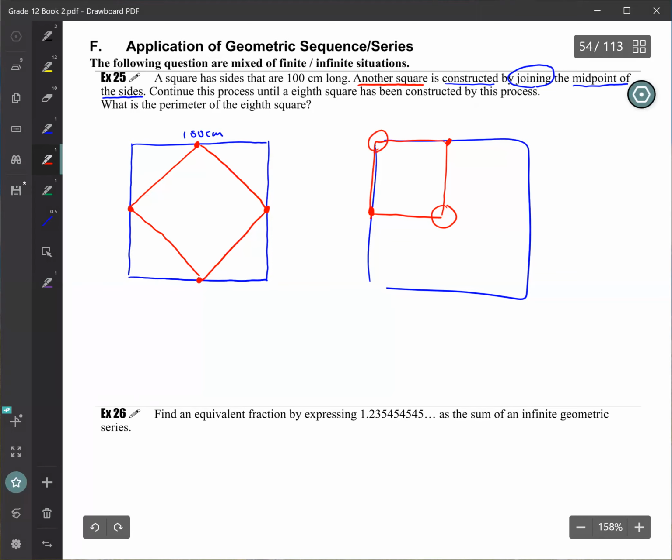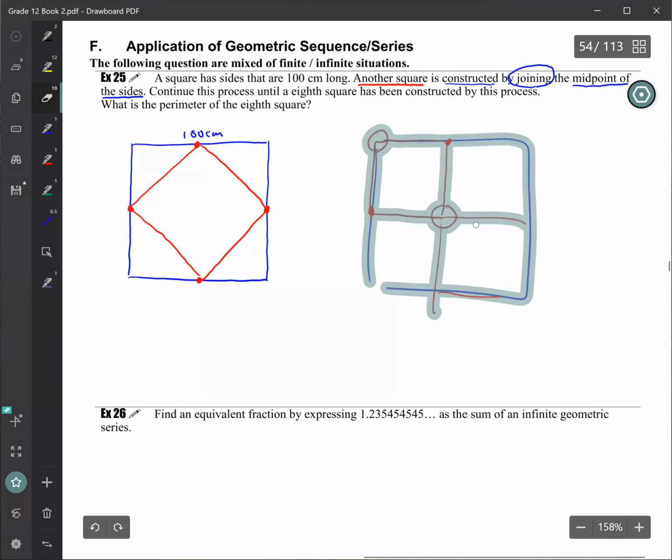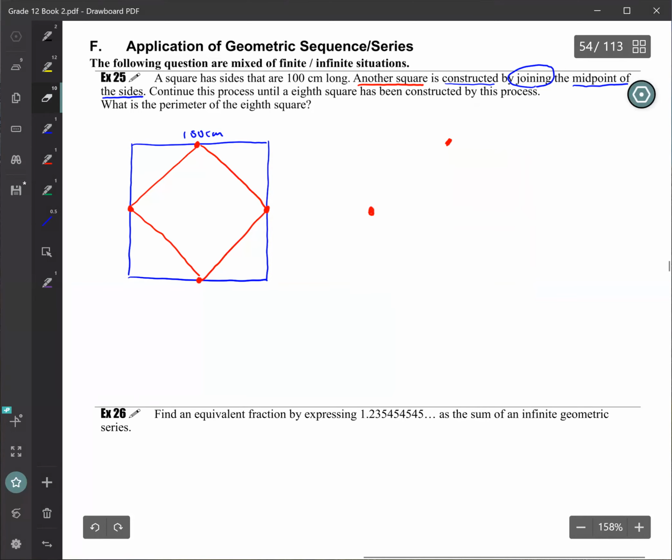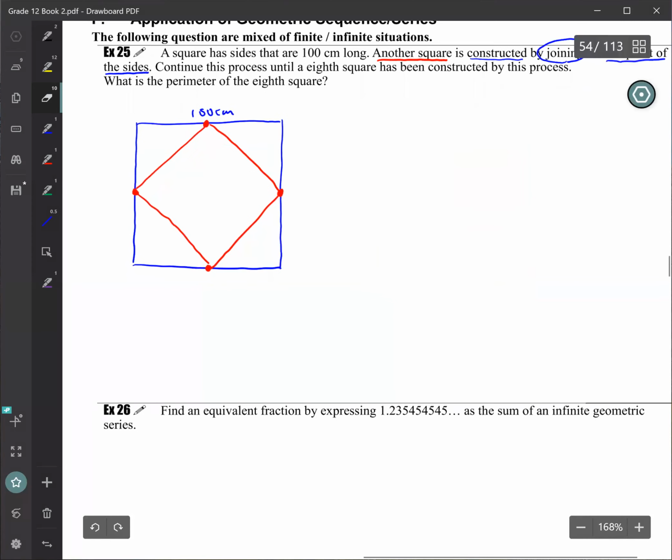It didn't mention the corner, right? Why not draw the other corner? So we want the one that matches, like you just follow the instruction word for word, and then you should be able to get the right picture, okay?